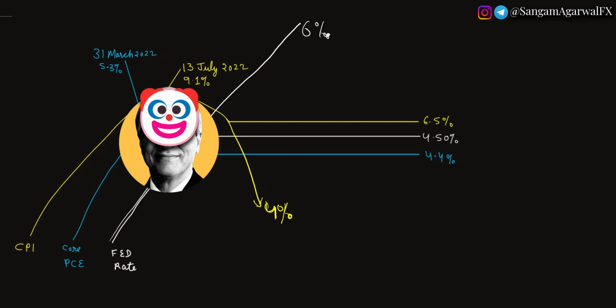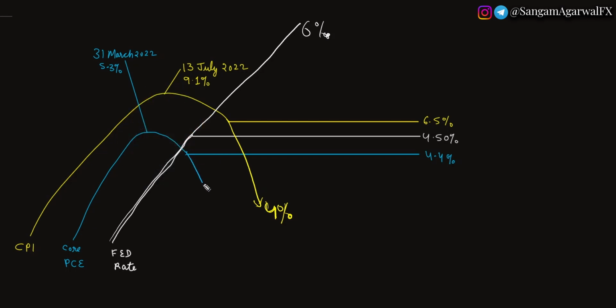And similarly the core PCE number will also come down. So you can see that in the future the Fed interest rate will be above these two numbers, above CPI and above the core PCE number. That is the rule that you will learn in books, and if you do a macroeconomics course, that is the same pattern.